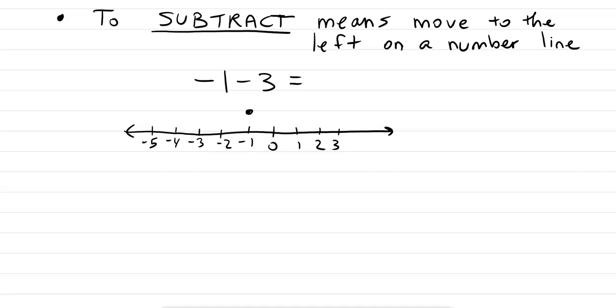This time we're going to move left because we're subtracting 3. So I'm going to count backwards, or left, 3 spaces. 1, 2, 3. So -1 minus 3 is -4.